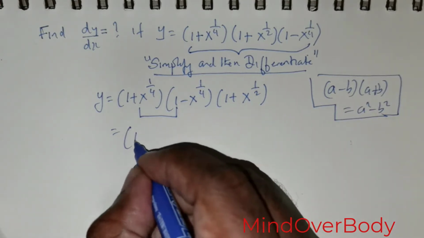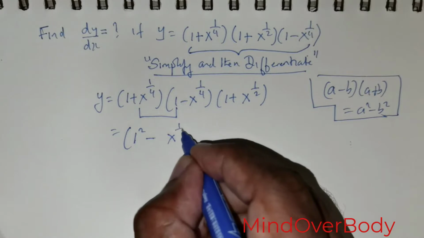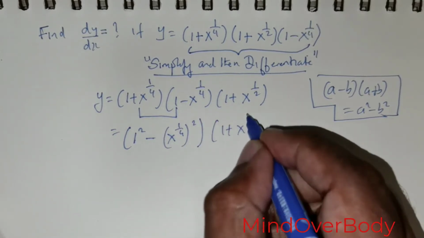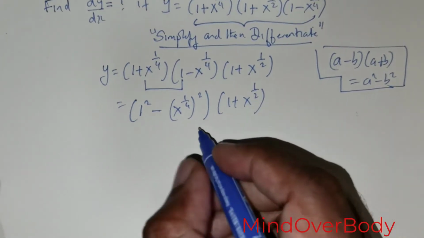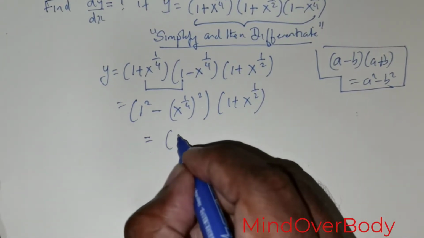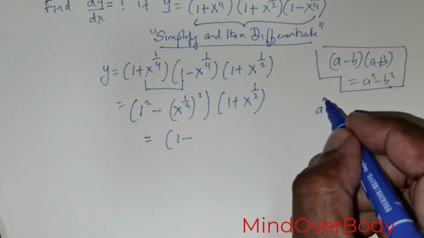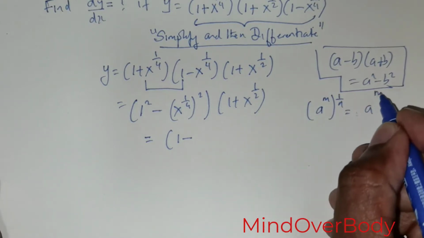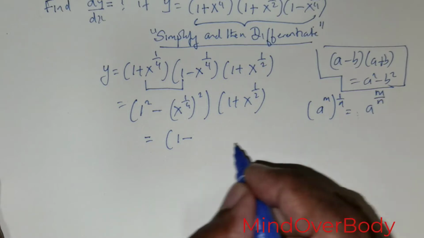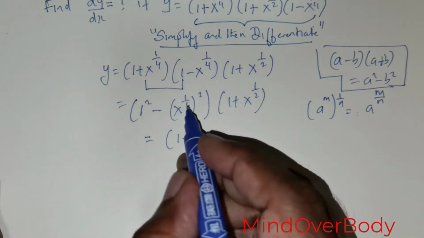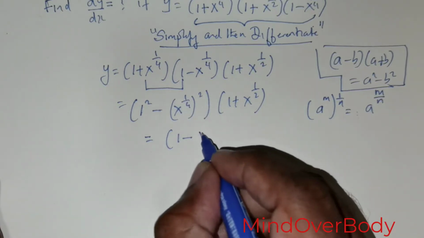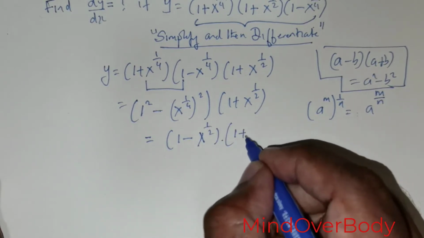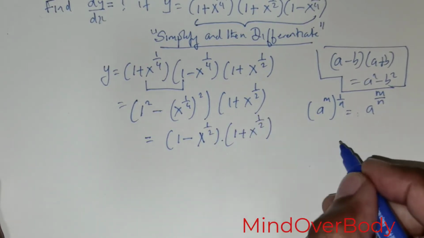So this is going to give me (1² - (x^(1/4))²) times (1 + x)^(1/2). Now by law of indices, (a^m)^(1/n) is a^(m/n). So this is going to give me 1 - x^(1/2), and that has to be multiplied with (1 + x)^(1/2).